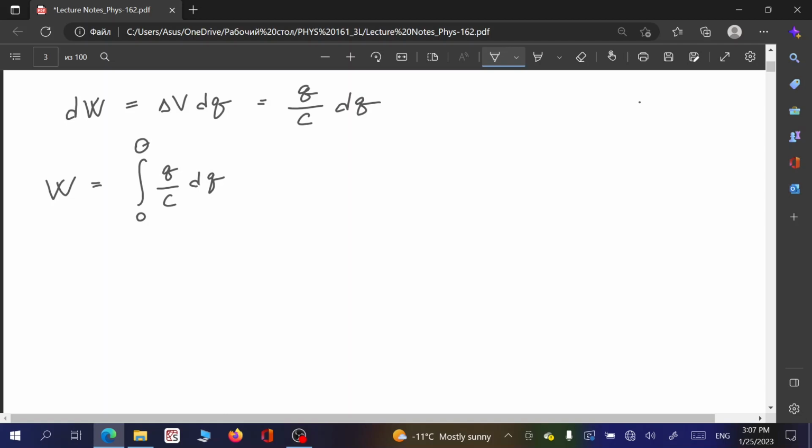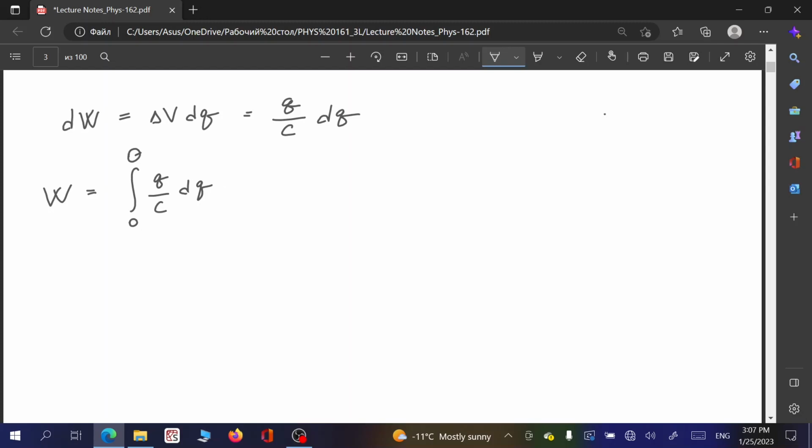If we again recall the equation for a parallel plate capacitor, we have area and distance, and those are geometric parameters of the capacitor. We do not have any other parameters, for instance, electric charge. So as we charge the capacitor more and more, its capacitance does not change because it's independent of electric charge. If it is independent, we can factor it out from this integral as a constant.